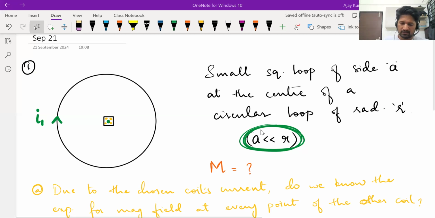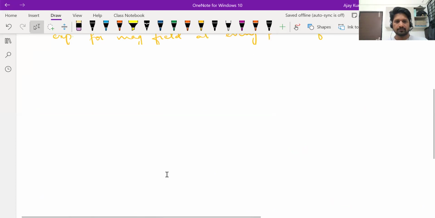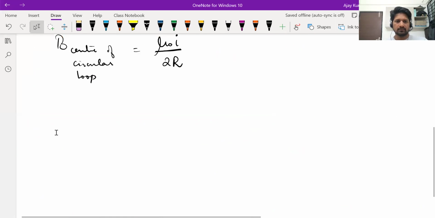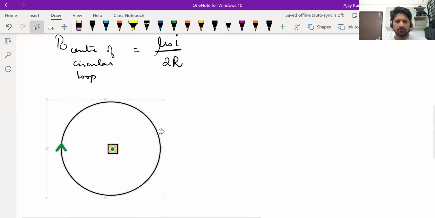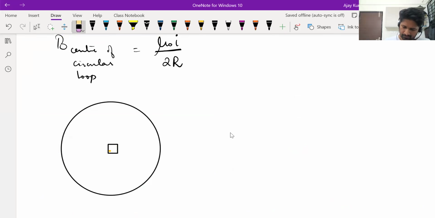Let us see what would have happened had we taken current in the square loop. I'll copy the diagram. If you assume current flowing in the square loop, let's say some current I. One of you tell me, what do we know about the magnetic field produced by a square loop?